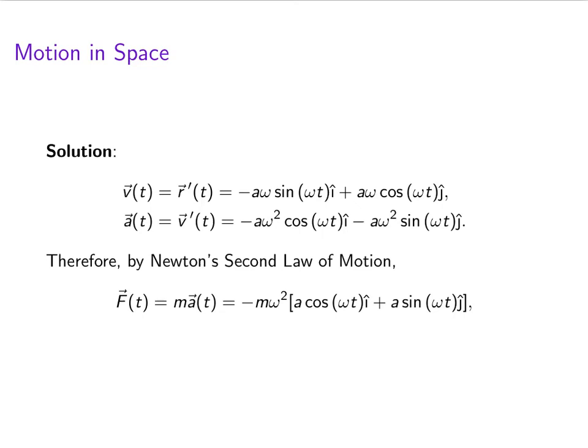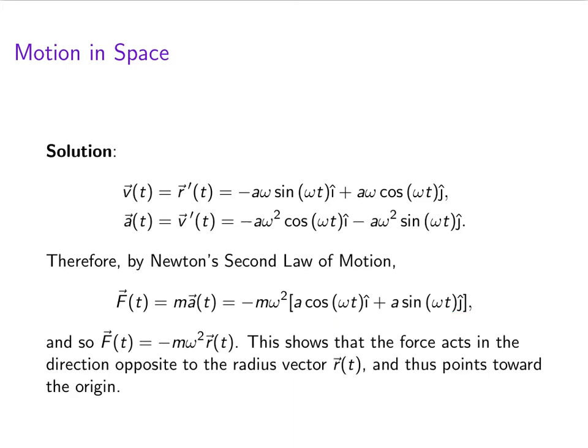Notice that in this expression I've also factored out a negative omega squared. Now the expression in the brackets is just r(t). So force is equal to negative m omega squared r(t).